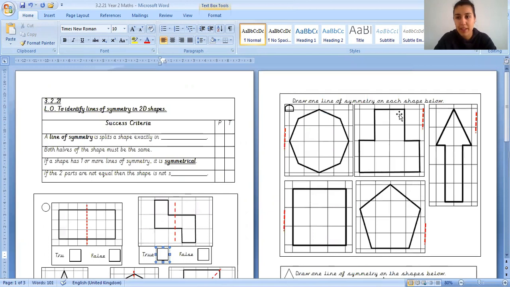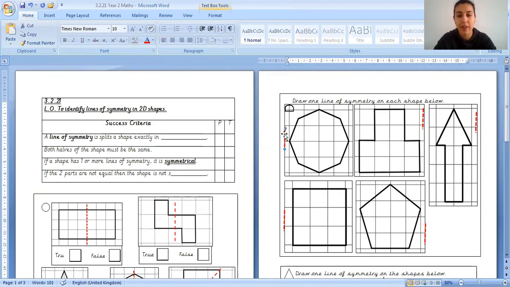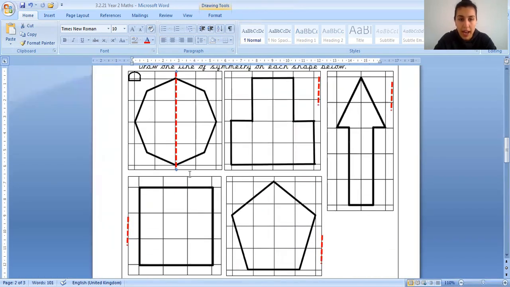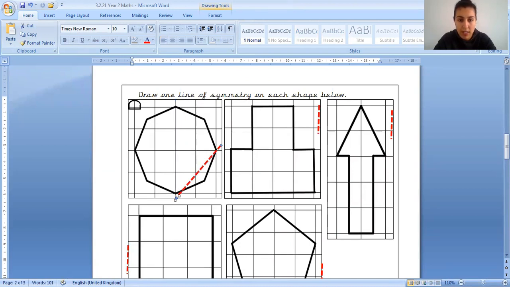Right, for that semicircle sheet then, that semicircle sheet is asking you to draw your own line of symmetry. Now you will see that I have created a red line for you. If you click on that red line, you can drag it to wherever you think that line of symmetry should be, and you can make it long by stretching those blue circles, and you can drag it horizontally if you want to, by just adjusting it, or you can even drag it diagonal for you to draw those lines of symmetry on, okay?